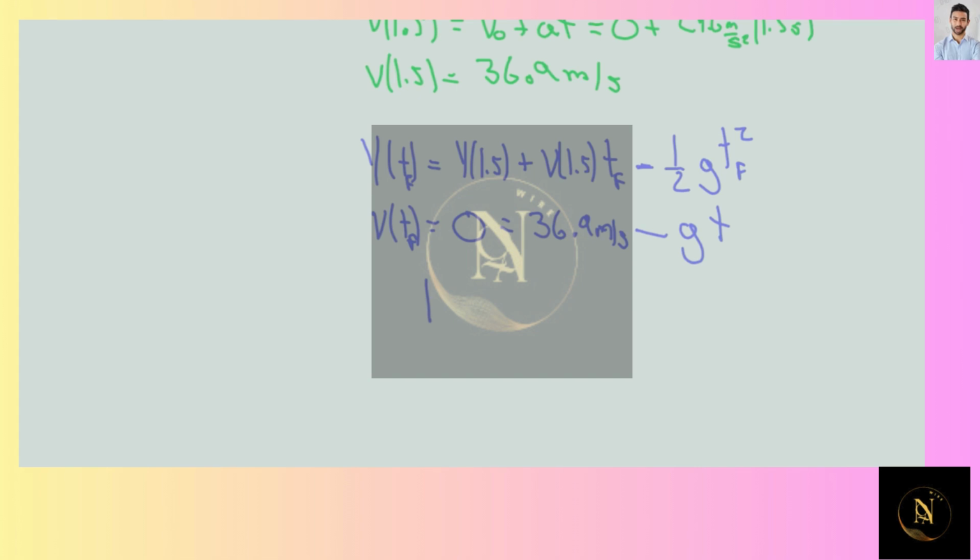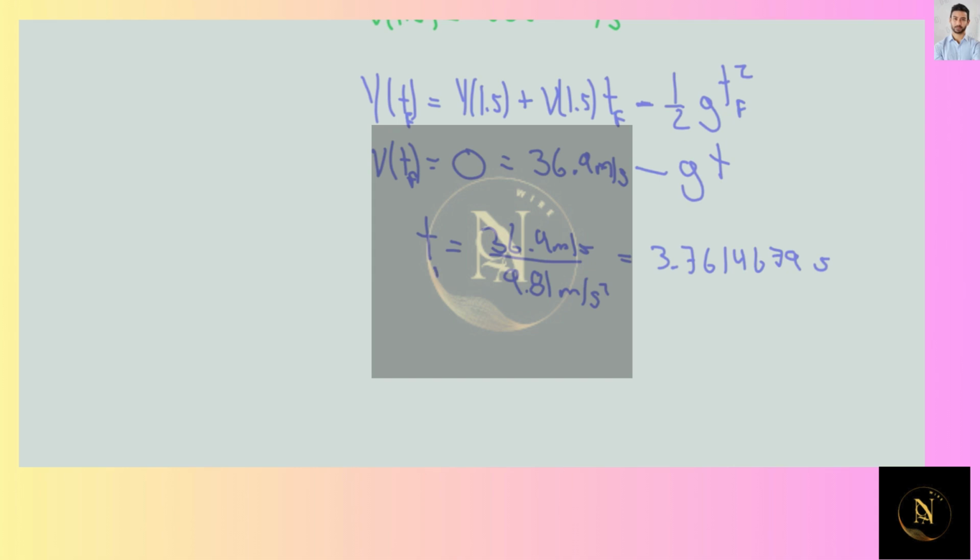Thus, the time that it is going to take is going to be equal to 36.9 meters per second divided by 9.81 meters per second squared, which is going to be equal to 3.7614679 seconds.